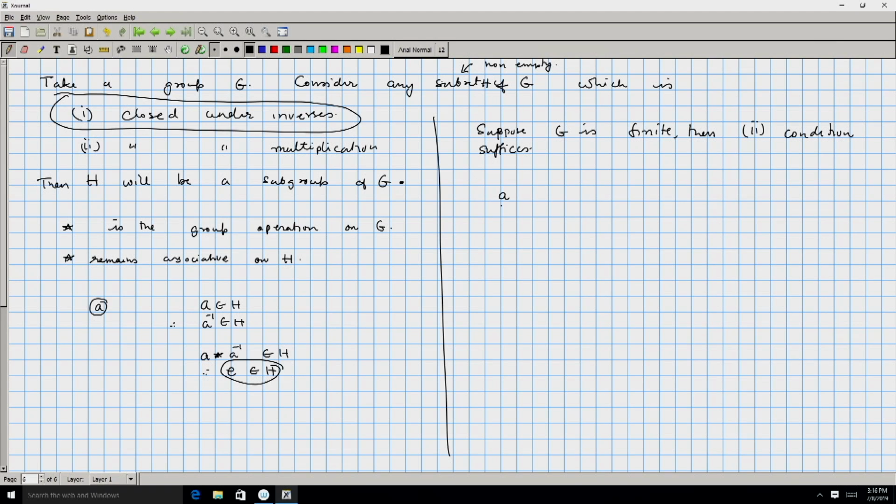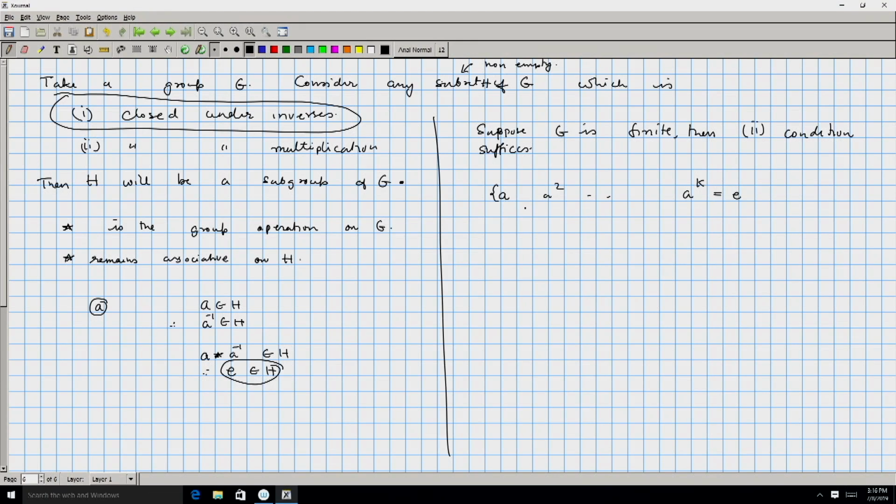Take any element. If H contained only the identity element, then clearly it is a subgroup. So, if there was a non-identity element present inside it, then call it a. If you look at a squared, and so on, at some point a to the power k has to appear such that this is equal to identity. Because otherwise, this is going to be an infinite collection.